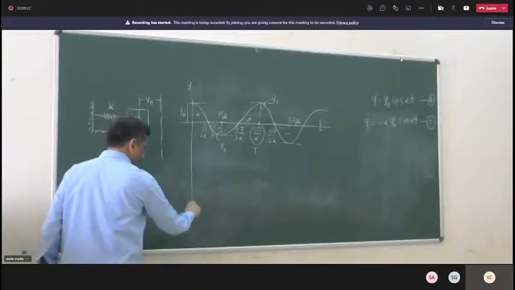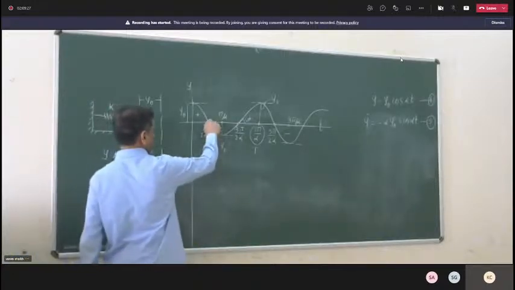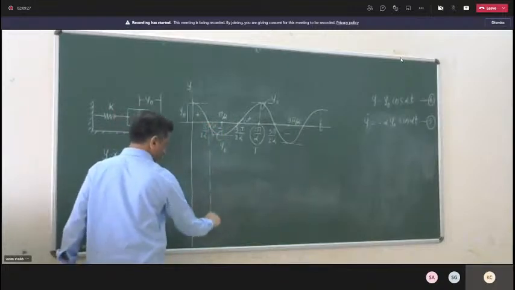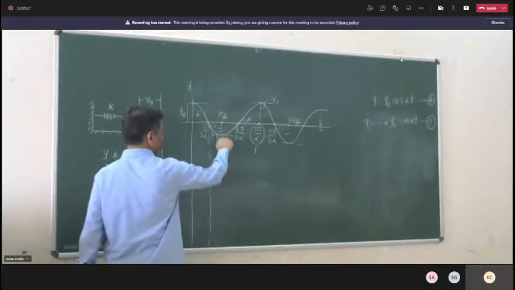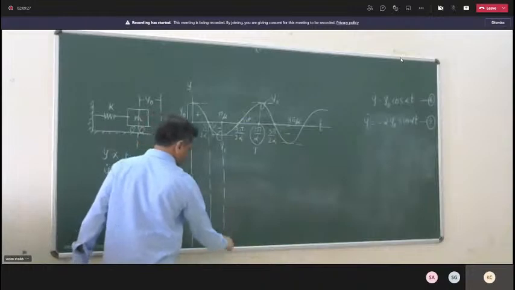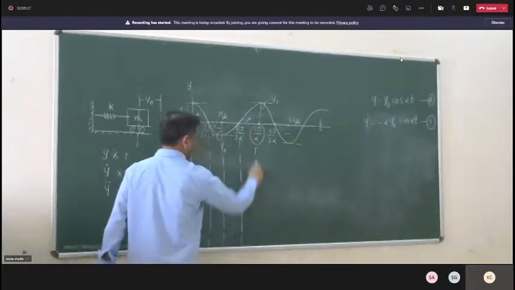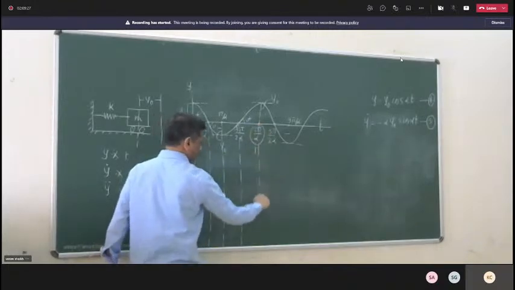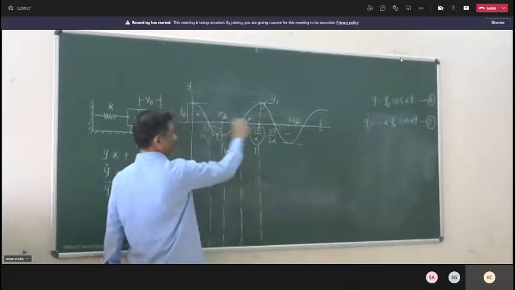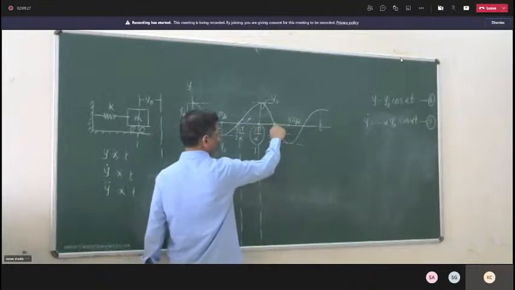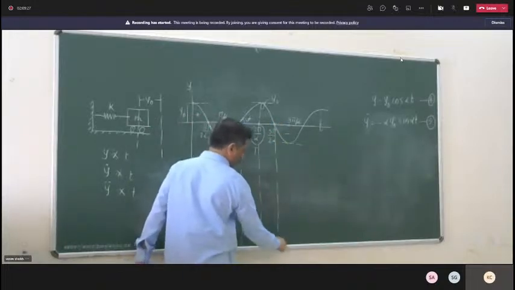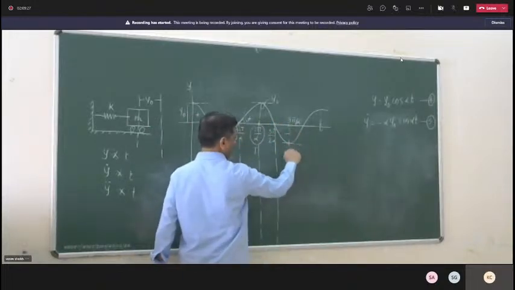It is nice if I plot this graph properly. We do this graph by taking corresponding points. If there is no space on your notebook, you can plot this graph again, pull down these points so that you can understand the correlation between displacement and velocity.